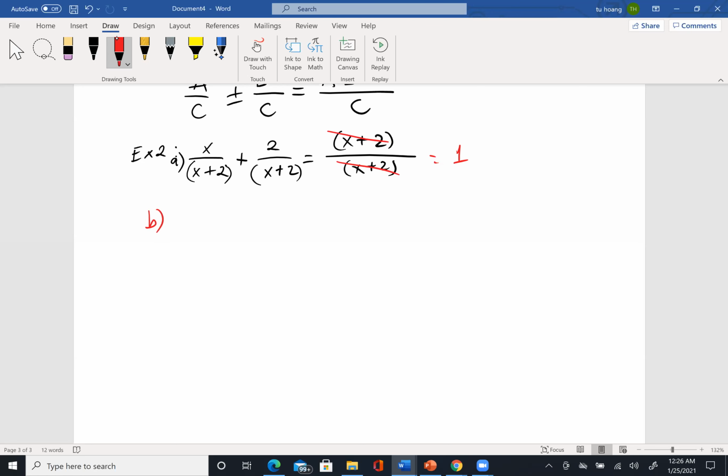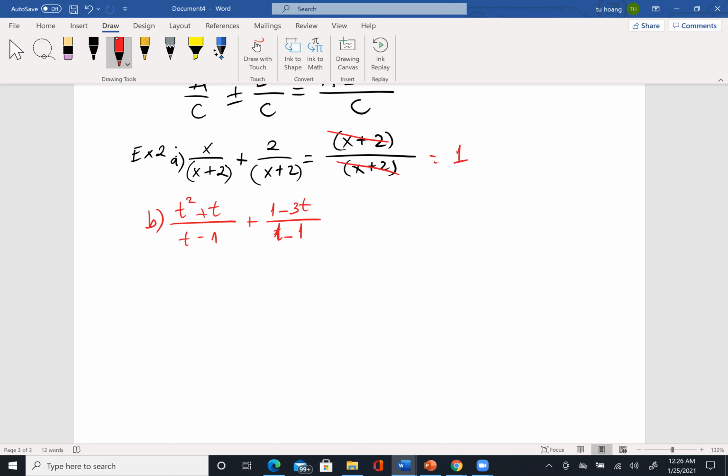What about if I have t squared plus t divided by t minus 1, plus 1 minus 3t divided by t minus 1?